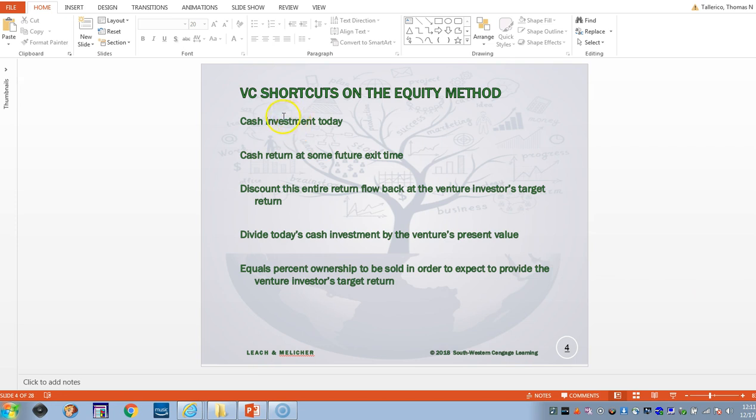All right, so basically we're going to look at shortcuts. Basically cash investment today, and then you have, of course, what your return is at some future time. And you could also discount this return flow back at the venture investor's target return, right?